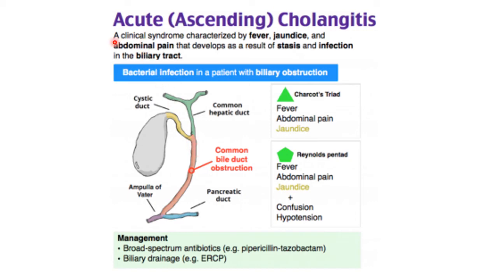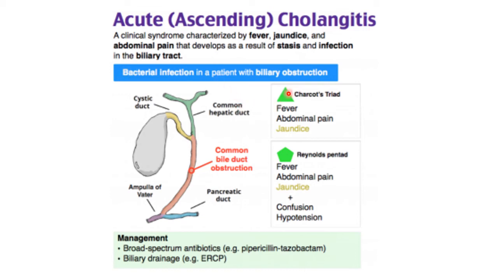Acute ascending cholangitis is a clinical syndrome characterized by fever, jaundice, and abdominal pain, resulting from stasis and infection of the biliary duct, most commonly by an obstructing stone, and it very commonly gets secondary bacterial infection in a patient with biliary obstruction.